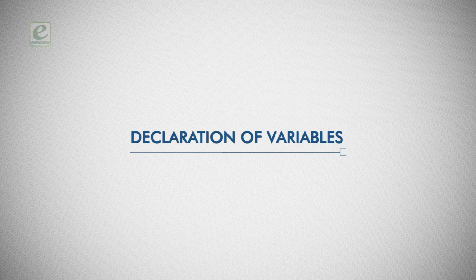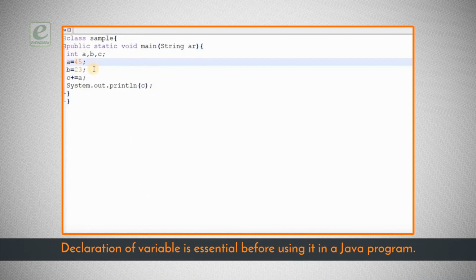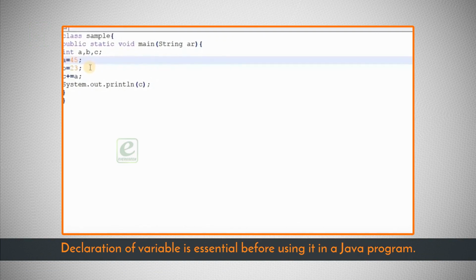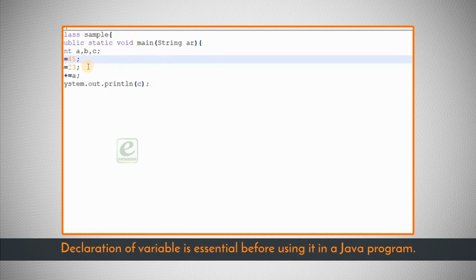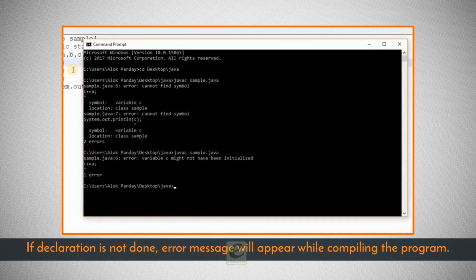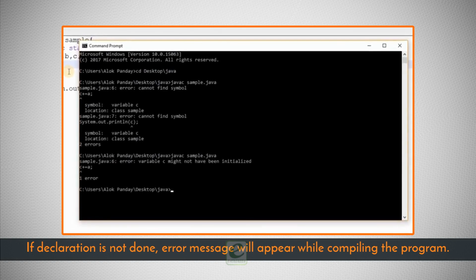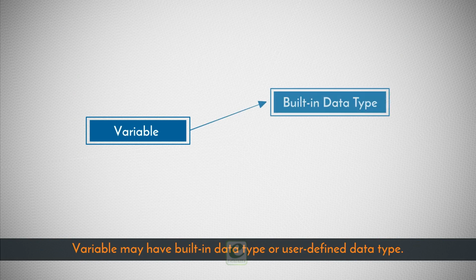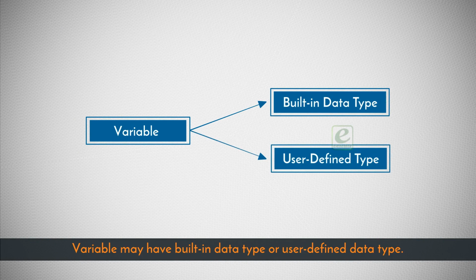Declaration of variables. Declaration of a variable is essential before using it in a Java program. If declaration is not done, an error message will appear while compiling the program. A variable may have a built-in data type or a user-defined data type.